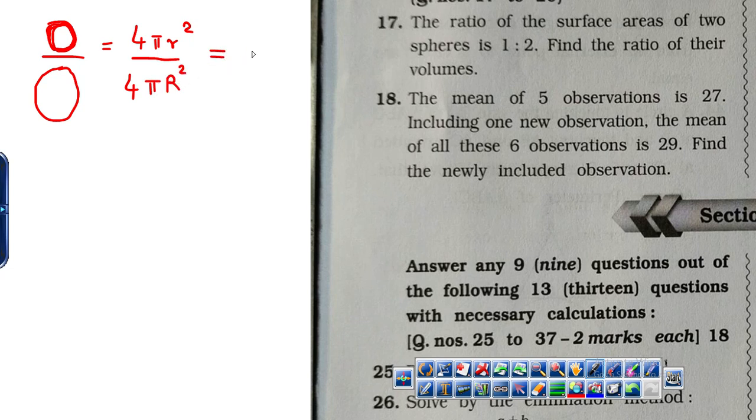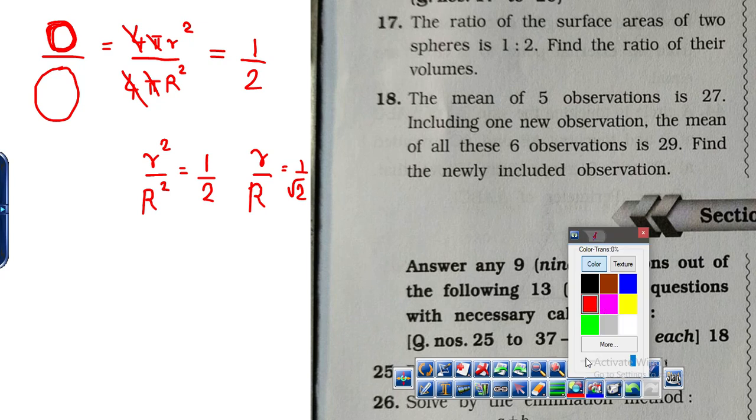And they are saying that this ratio is 1:2. 4 pi cancel, r square upon r square is 1/2. तो r upon r कितना? 1/√2. Now the main question.